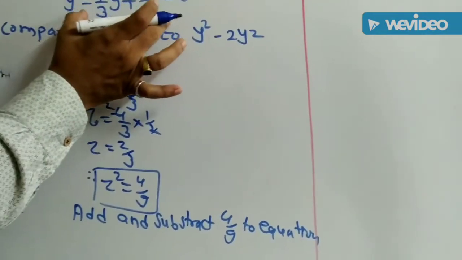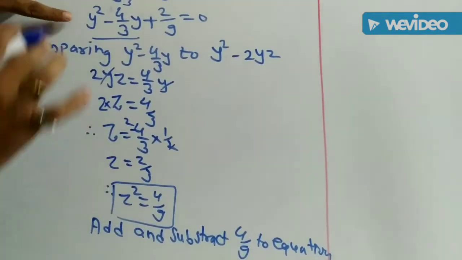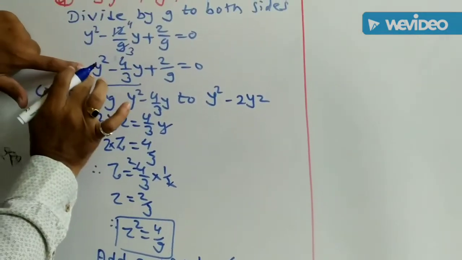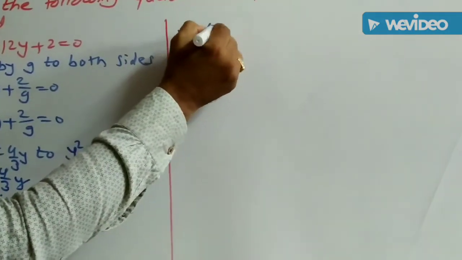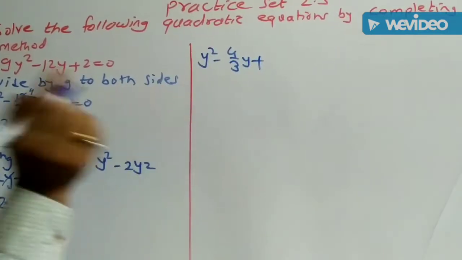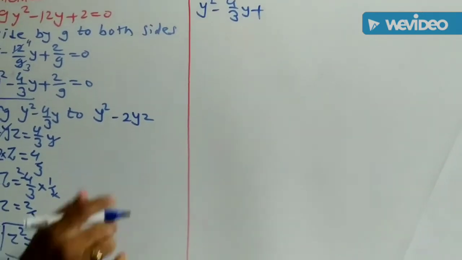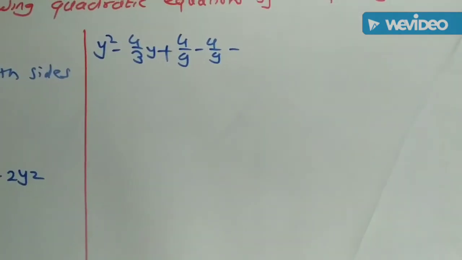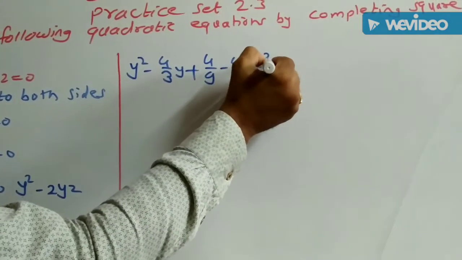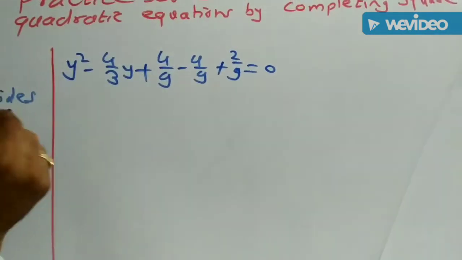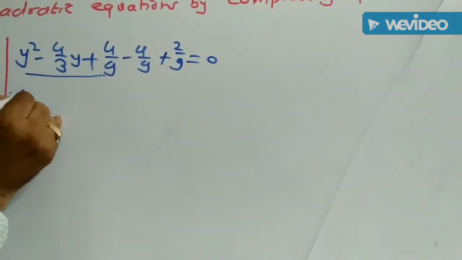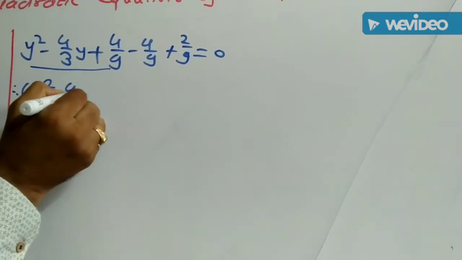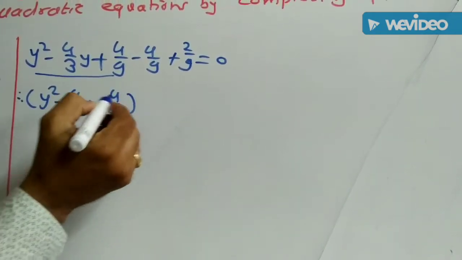Here the equation, after dividing by 9, we get y square minus 4 upon 3 y plus add and subtract 4 upon 9, 4 upon 9 minus 4 upon 9, and the third term is plus 2 upon 9 is equal to 0. Now group the first three terms, y square minus 4 upon 3 y plus 4 upon 9.